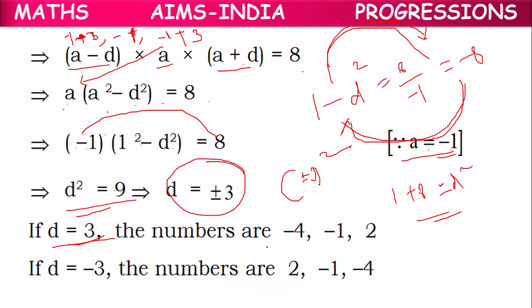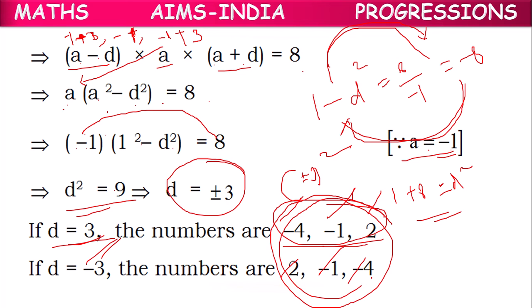So what are the values? -4, -1, 2. These will be the three numbers. If you take d as -3, then the values will be reversed: 2, -1, -4. So though the order may change, the numbers are the same.